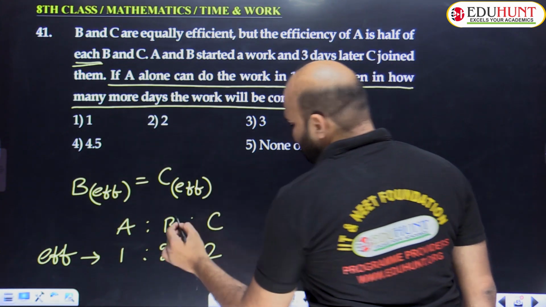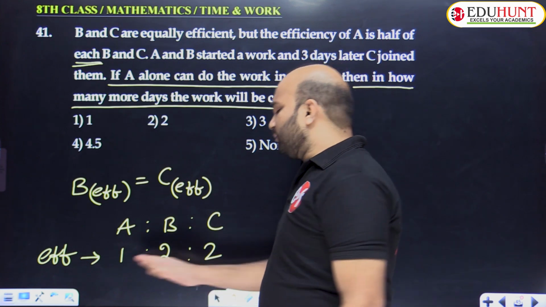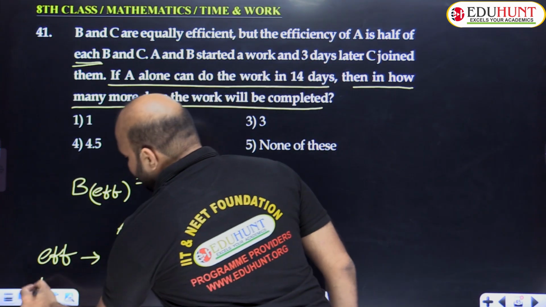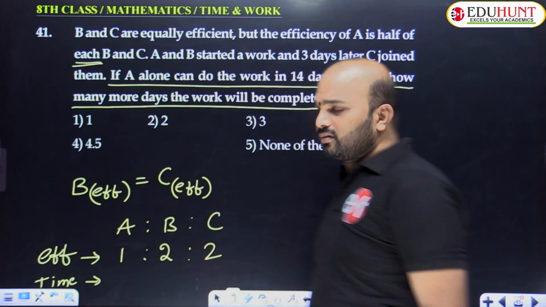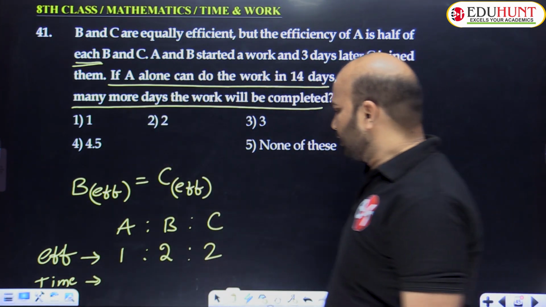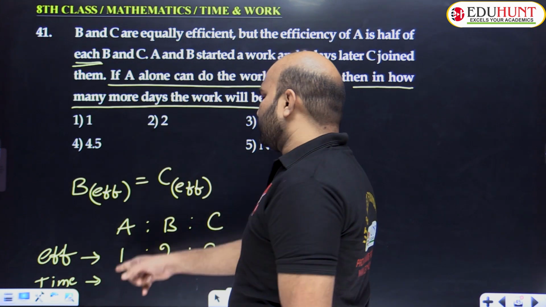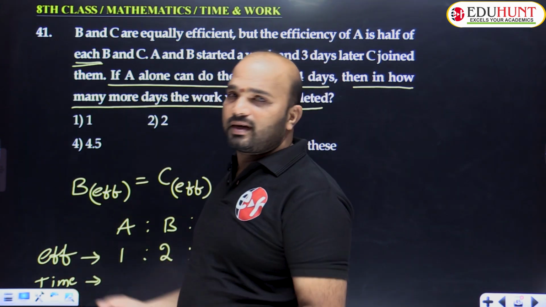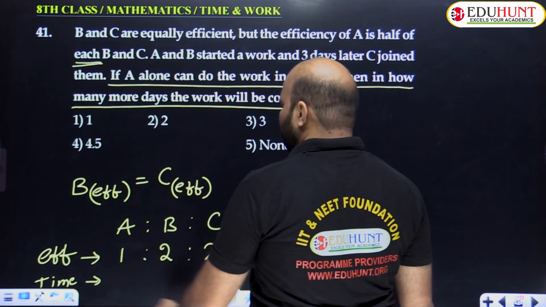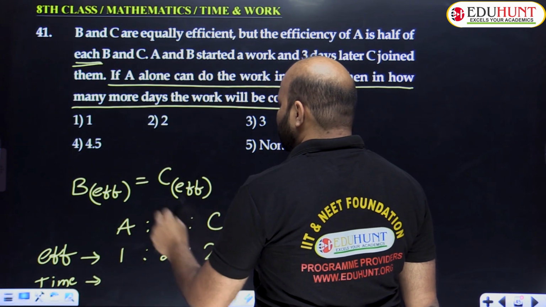This is the efficiency ratio, but it has to be converted into time. What is the relation between time and efficiency? Time is always inversely proportional to efficiency. Am I clear? I already told you about the inverse ratio. The relation between efficiency and time is an inverse relation. For the inverse ratio of A, B, C, use BC : AC : AB.